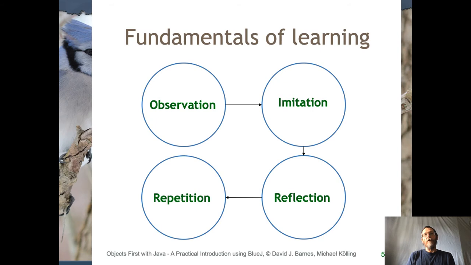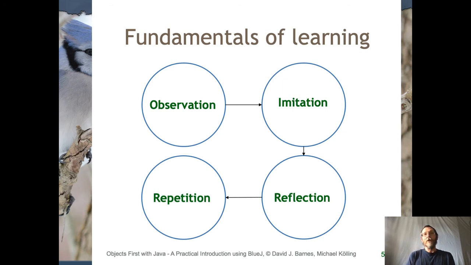But then when they came to try it out for real, in the sea and on waves, they most likely fell off, and they most likely fell off many, many times in the initial stages. What I said when talking about that example was, hopefully what they will have done is reflected on what worked and what didn't work, and then made some adjustments the next time they tried to surf. And via this process of repetition, perhaps even going back and talking to the teacher or re-observing what the teacher had done and then seeking to imitate that more perfectly, they would eventually get the hang of learning to surf. And the same is going to be true of learning to program.